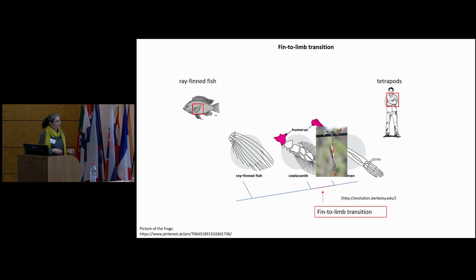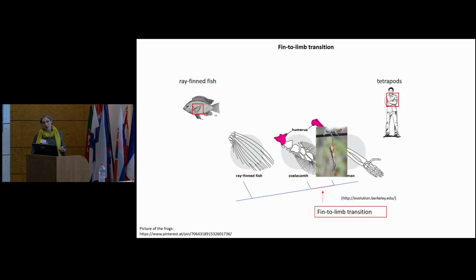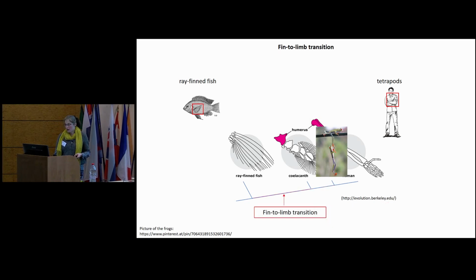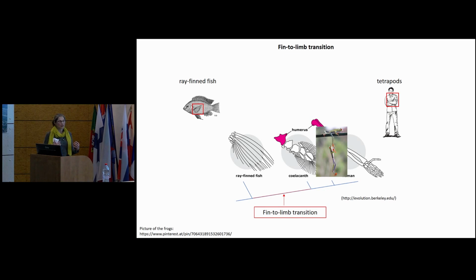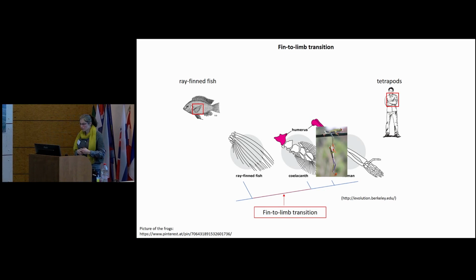So the idea is that the fin to limb transition, at least at the level of the skeleton tissue, may not be in that part of the tree, but probably should be shifted a bit earlier. And for that, we will need to investigate more fossils, probably dense fossils, which will need the improvement of the SRF.